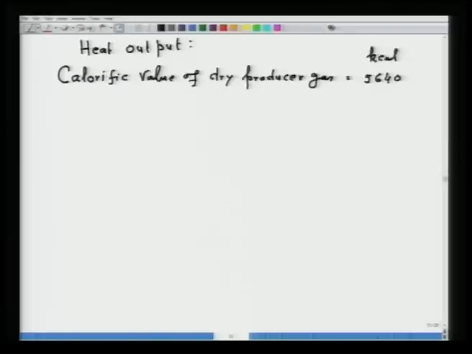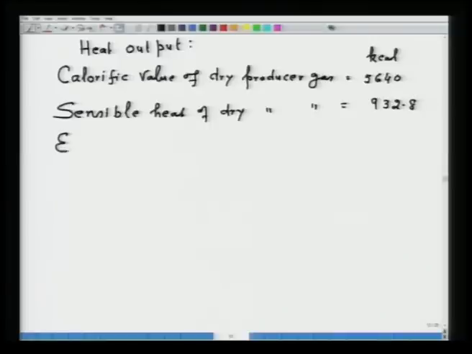kilocalorie. Then sensible heat of dry producer gas, that we have calculated as 932.8 kilocalorie. Now, enthalpy of water vapor.